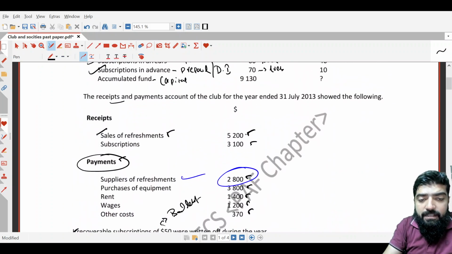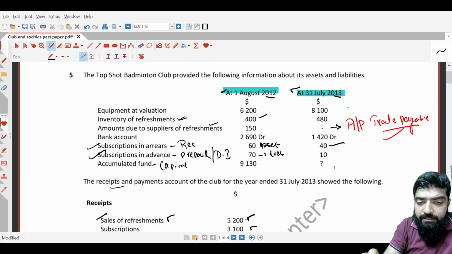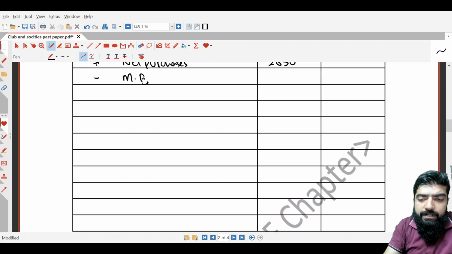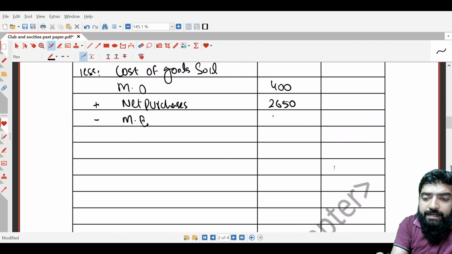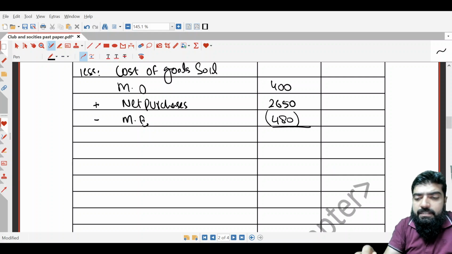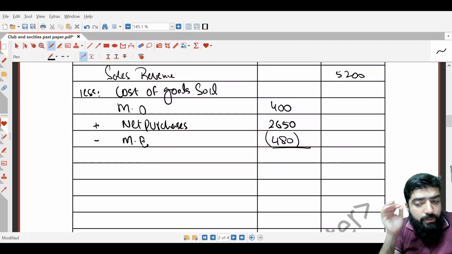Now ending inventory, merchandise ending inventory. What is the balance of the merchandise ending inventory? 480. So opening, net purchases, and ending. Can you please let me know the cost of goods sold?